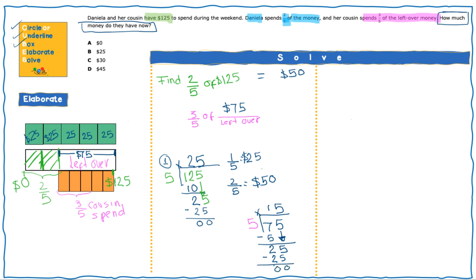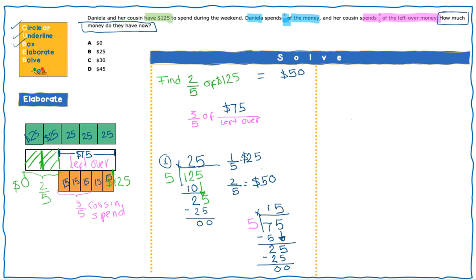So now in each of these sections that we have here, guys, there are $15. Great. 15, 15, 15, 15, 15. And all together we'll add how much? Yes, 75. Great. But the cousin, she spent only 3/5 of this money. So that will be 15 plus 15, 30.